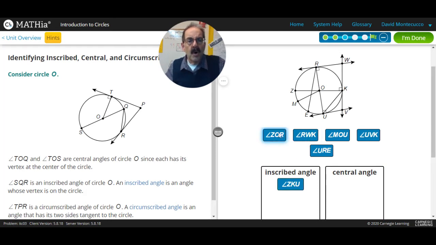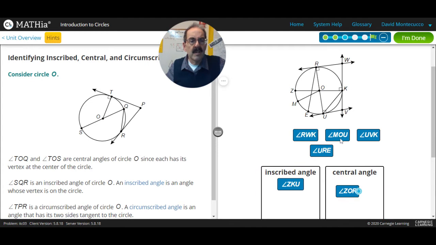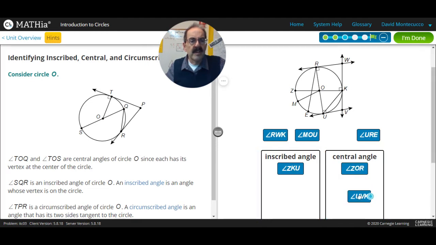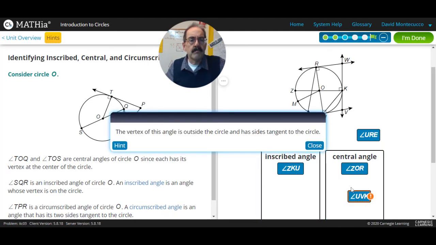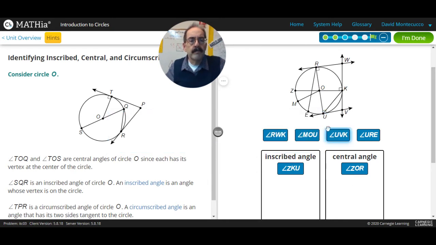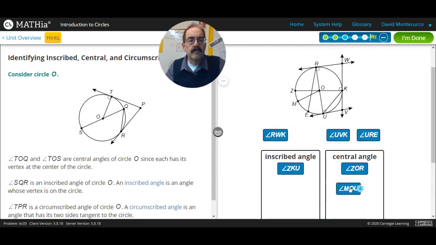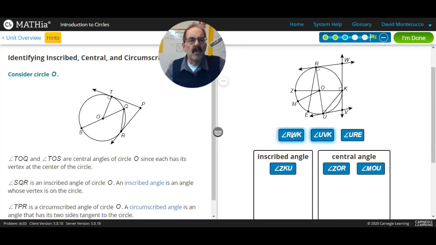ZO, anything with an O is going to be a central, because the center is O. RWK, RW, that's outside. UV, outside.